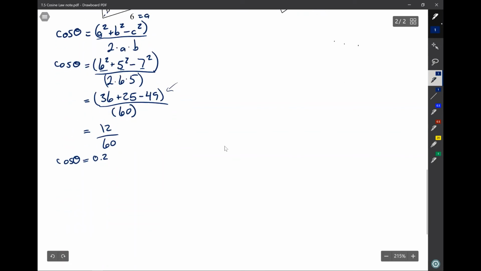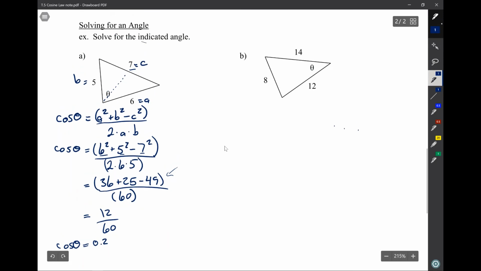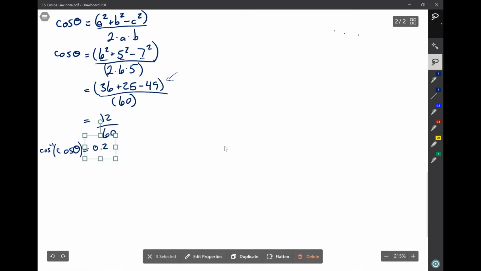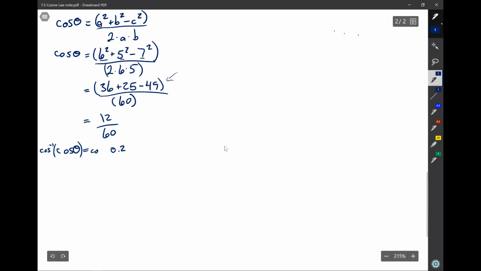I'm not done because the goal is to try and find out what theta actually is. But I have seen questions like this before. I know how to deal with them. I use the inverse function on my calculator, so the inverse of cosine theta equals the inverse cosine of 0.2.